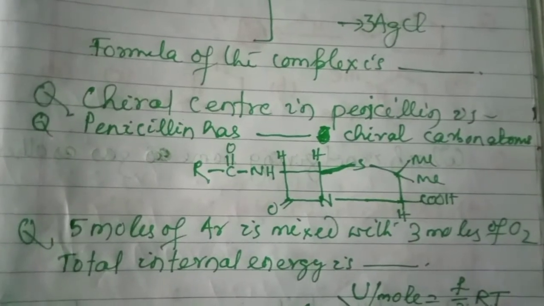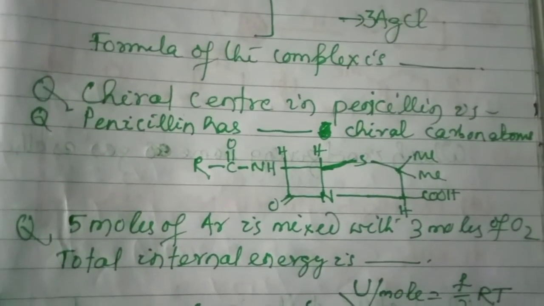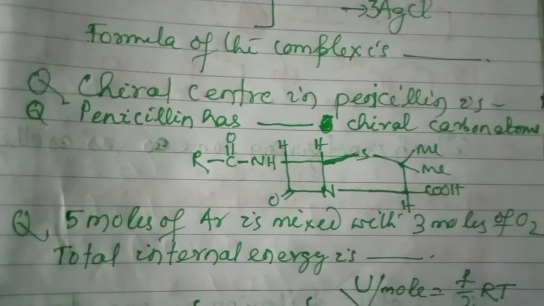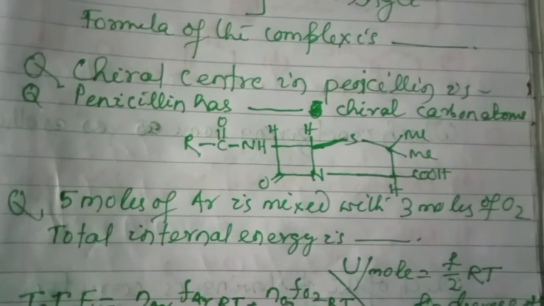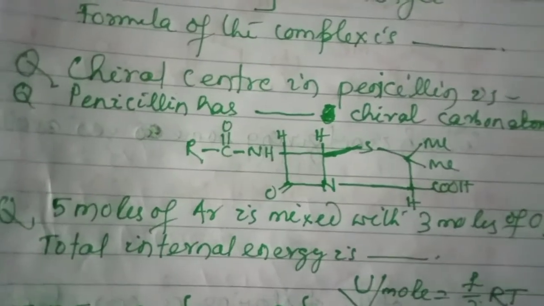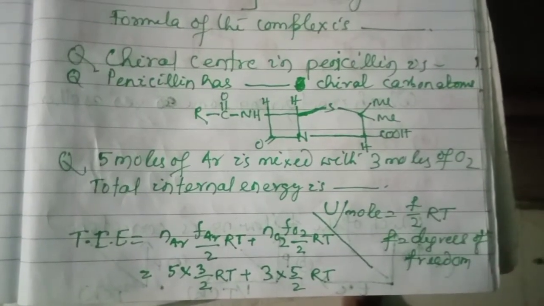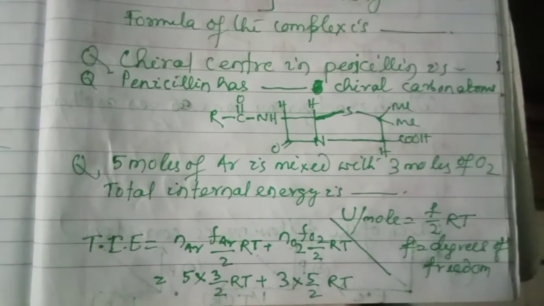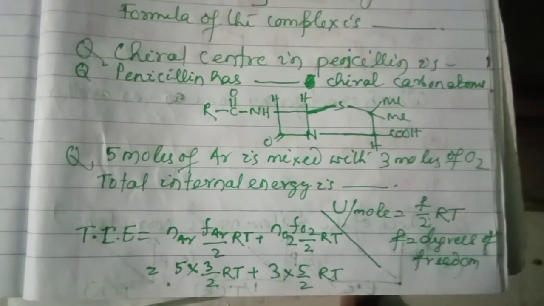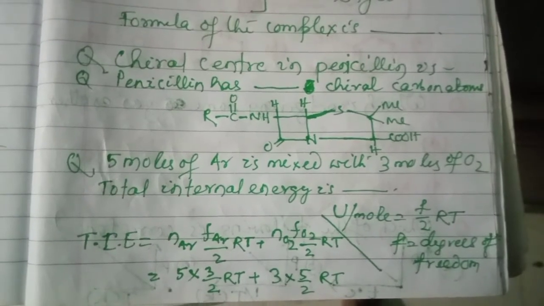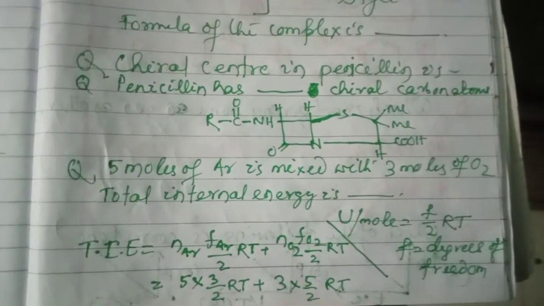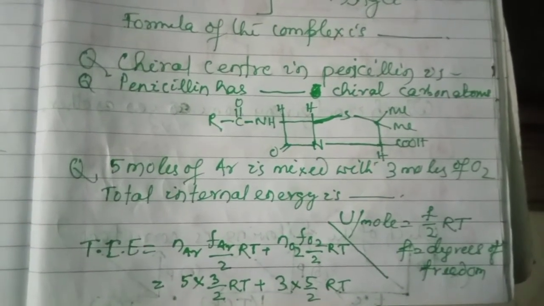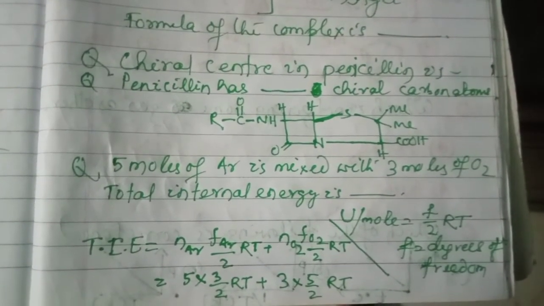Next, 5 moles of argon is mixed with 3 moles of oxygen. Total internal energy is, you know, internal energy per mole is equal to f by 2 RT, f is the degree of freedom. Here the total internal energy is n(Ar) f(Ar) by 2 RT plus n(O2) f(O2) by 2 RT. Number of moles of argon is 5.